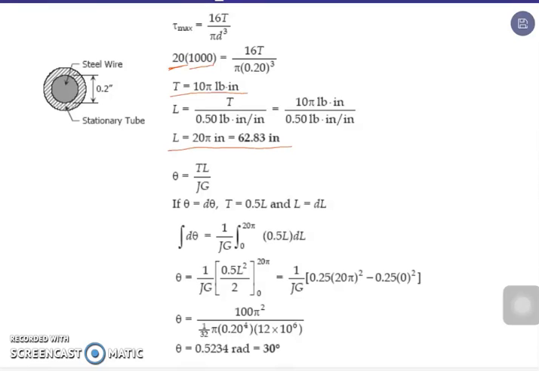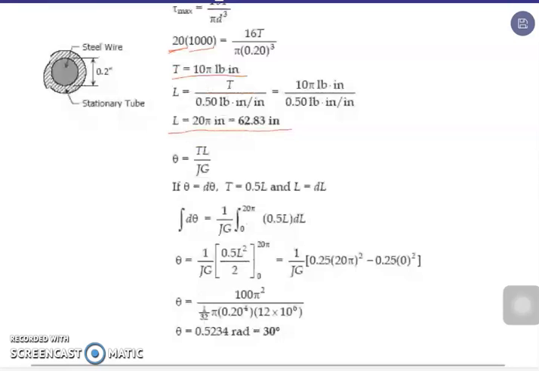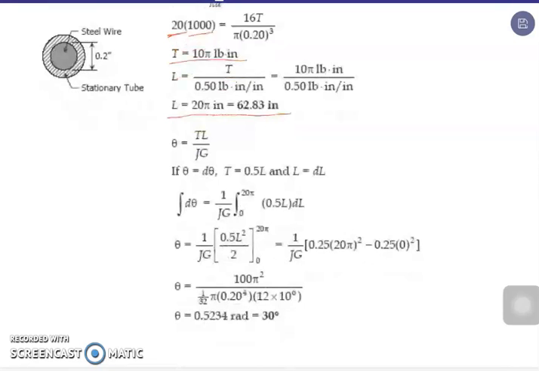From the formula for the angle of twist, TL over JG, we have to take note that theta will be d theta, and our T here is 0.5 L, and our L is dL.